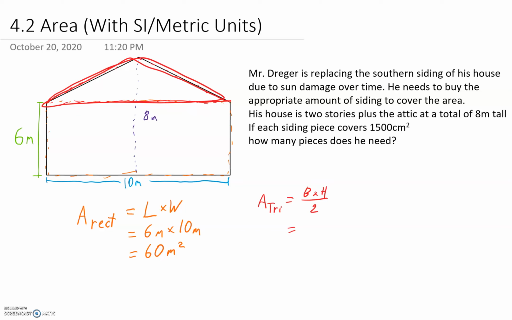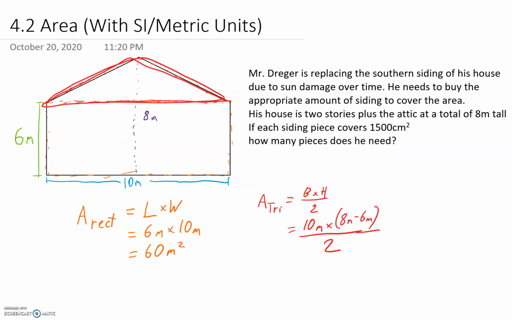So we have a base of 10 meters, and a height of something, divided by 2. What's the height there? Well, the height is 8 minus 6, because this 8 goes all the way up, minus this 6, which goes only part way up. Let's write that down: 8 minus 6.